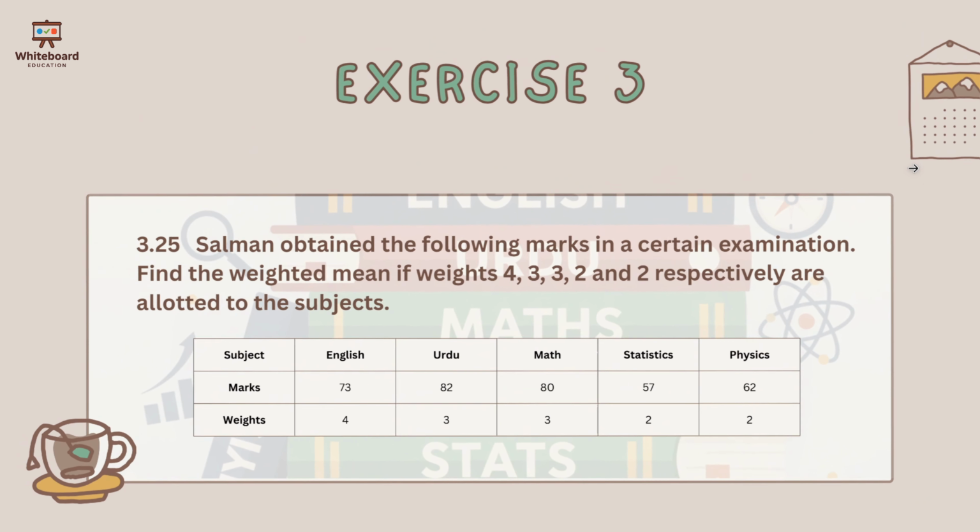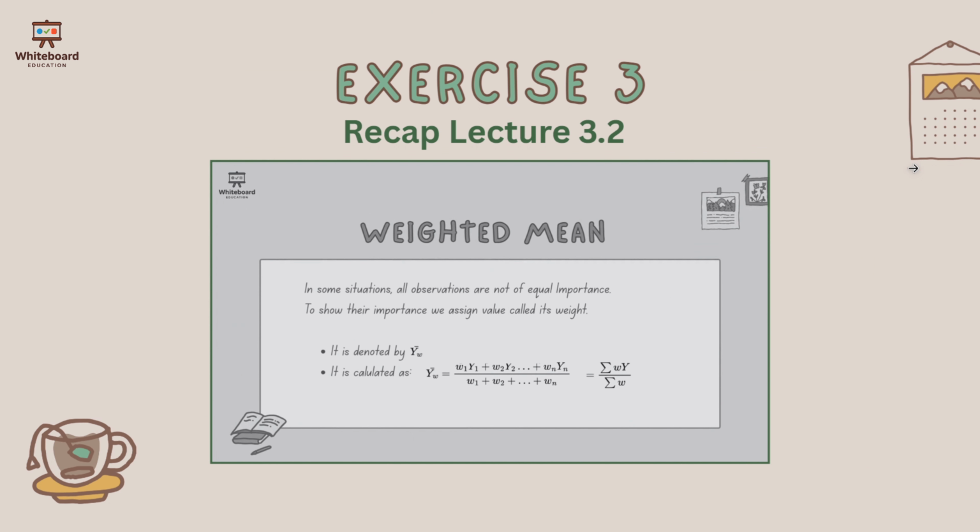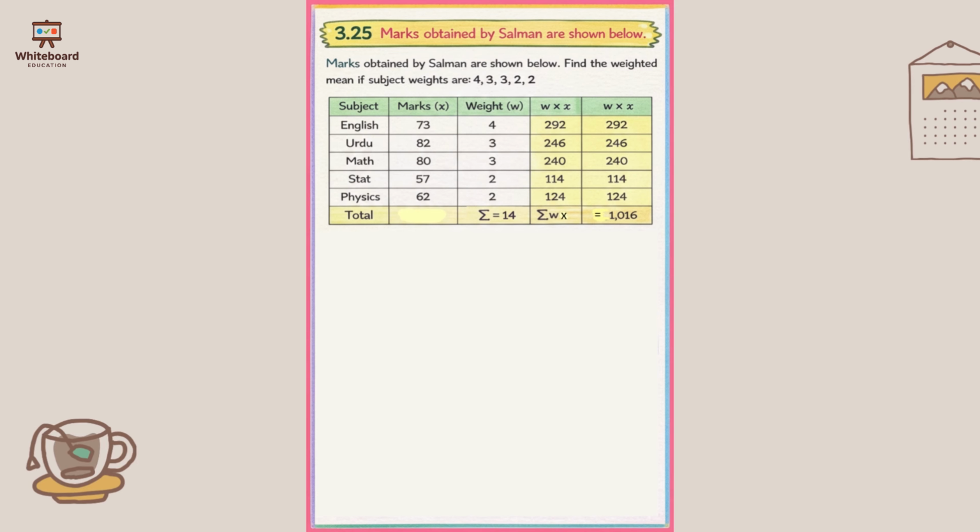Question 3.25. Salman obtained the following marks in a certain examination. Find the weighted mean if weights 4, 3, 3, 2, and 2, respectively, are allotted to the subjects. Remember weighted mean. If not, recap lecture 3.2. Okay, so we know the subjects, their marks and their weightage.